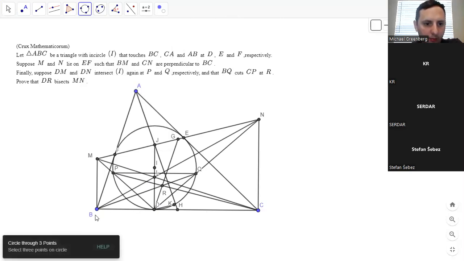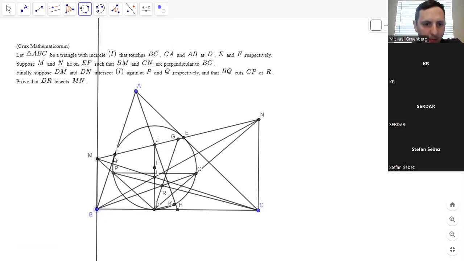So we want to show these are similar. That's the same as saying that DB over DC is MB over NC, which would be DM over DN, which would be MJ over JN.